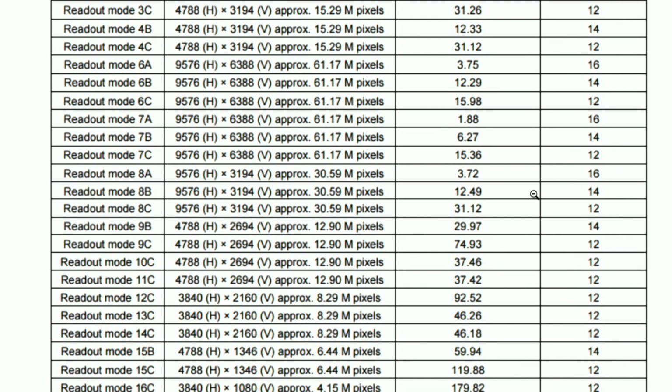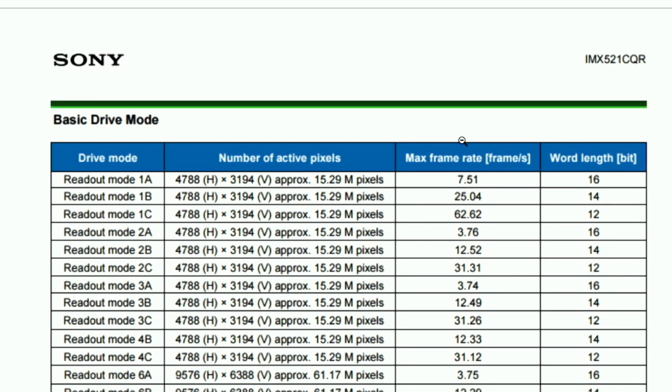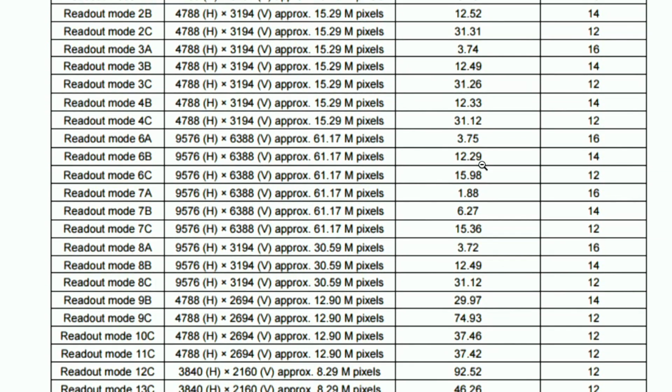But then look at totally different modes. 7A was, I think, interesting. Is it interesting? Let me see. So this is the maximum frame rate and the depth, right? You see here 61 megapixels, so that's basically the A7R3 resolution at only 2 frames a second, but at 16-bit.